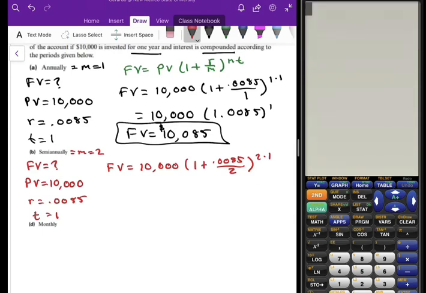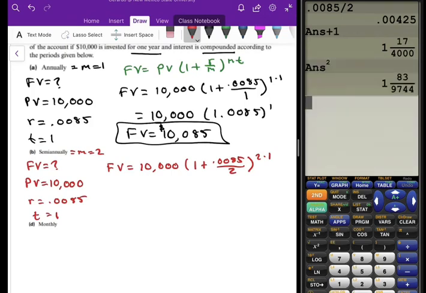So let's do the math. Let's start with everything inside the parentheses. 0.0085 divided by 2 plus 1, to the power of 2, times 10,000.